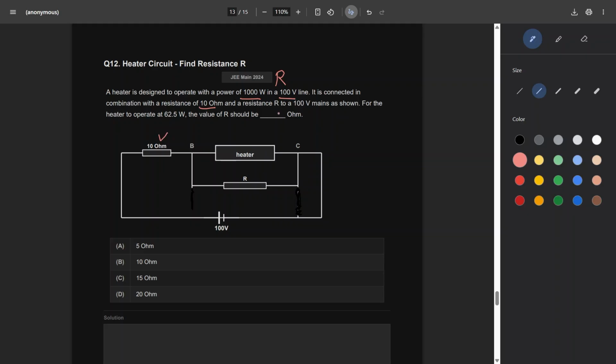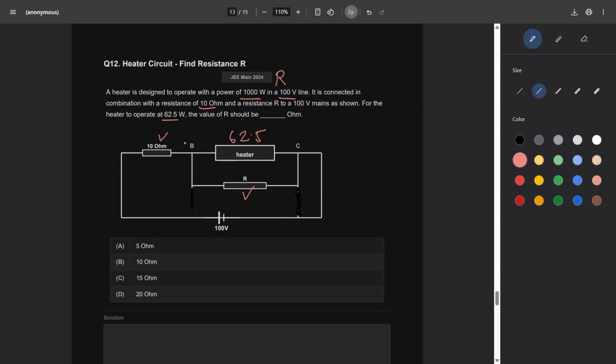And this is our 100 volts. Okay. Heated to operate at 62.5. Okay, so the power across this will be this one.